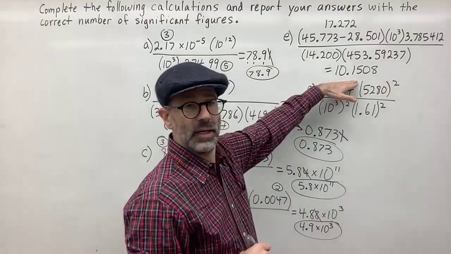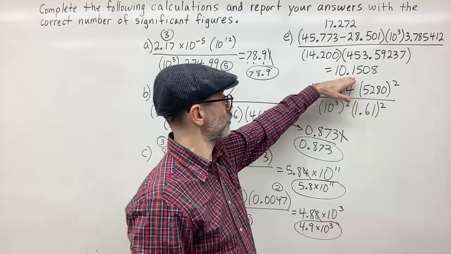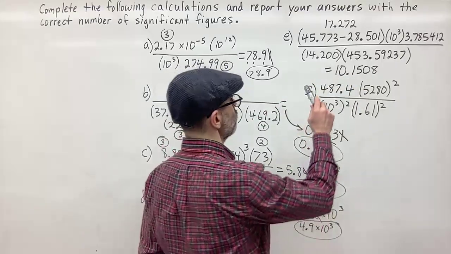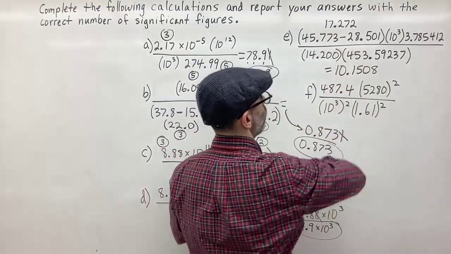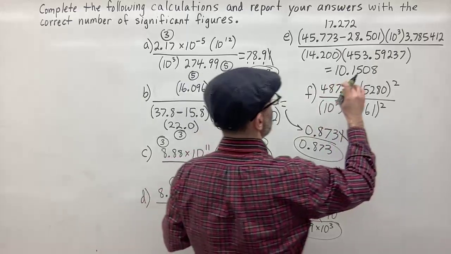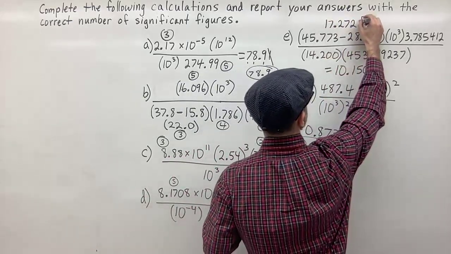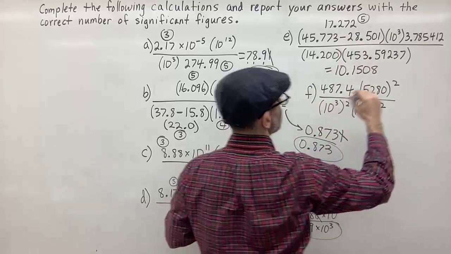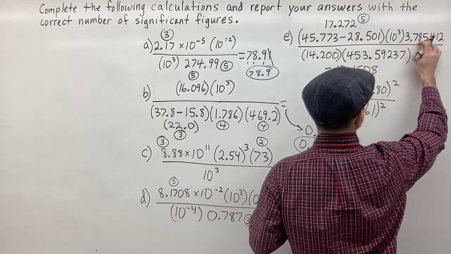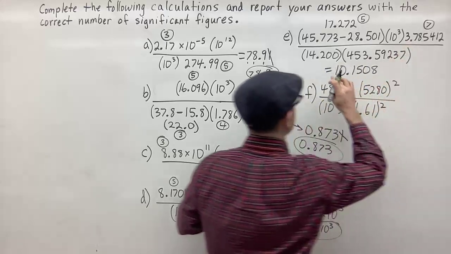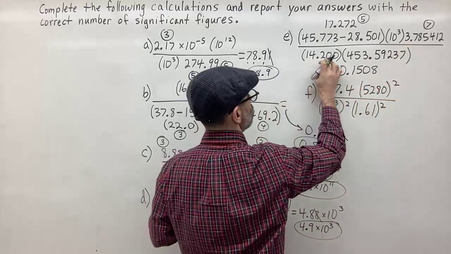Remember that when you're multiplying and dividing, the answer should have the same number of sig figs as the least number of sig figs in the measurements you are multiplying and dividing. So up here I have 5 sig figs. Here I have 1, 2, 3, 4, 5, 6, 7 sig figs. Here I have 1, 2, 3, 4, 5.